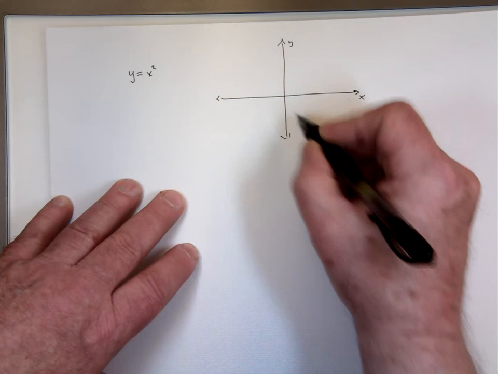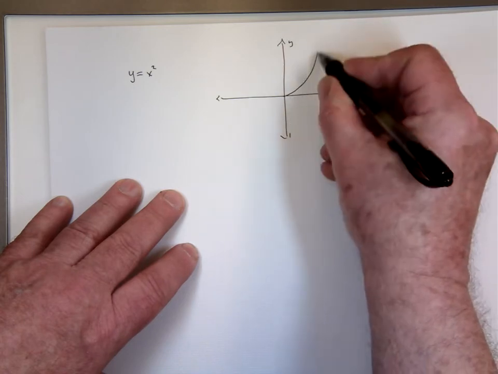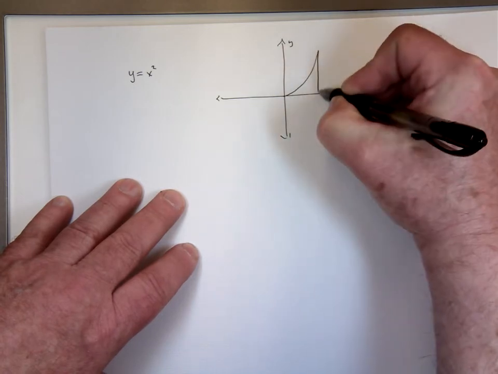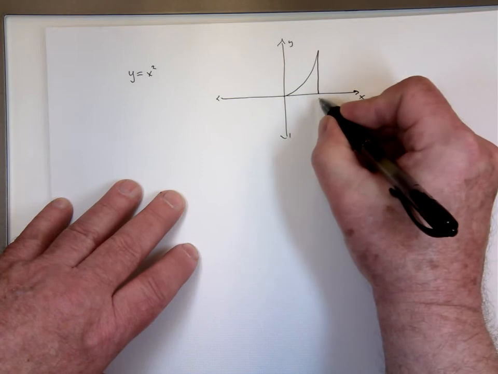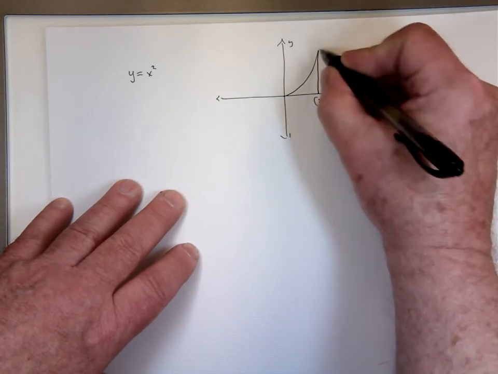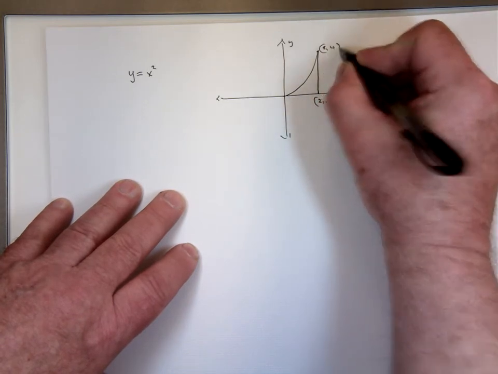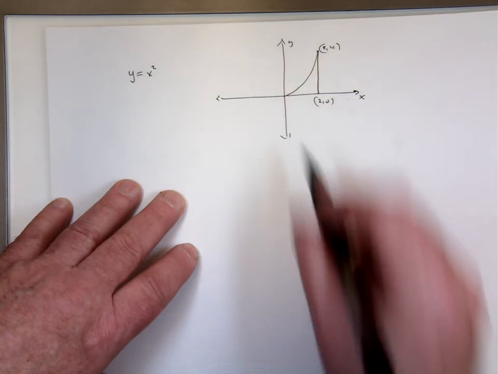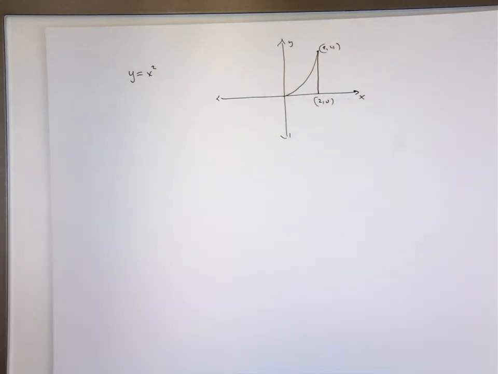Let's take this piece of it, from 0 to 2, say. Let's take this area around the x-axis. I want you guys to do it. Find the volume of the solid of revolution generated by taking this area about the x-axis. It's y equals x squared, 0 to 2. Go ahead.